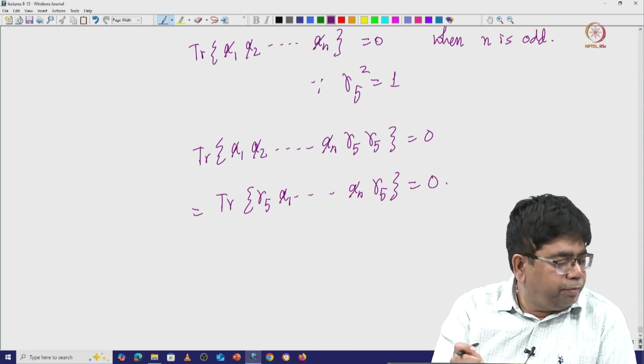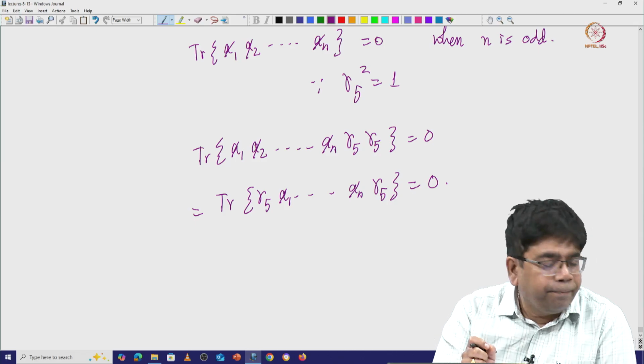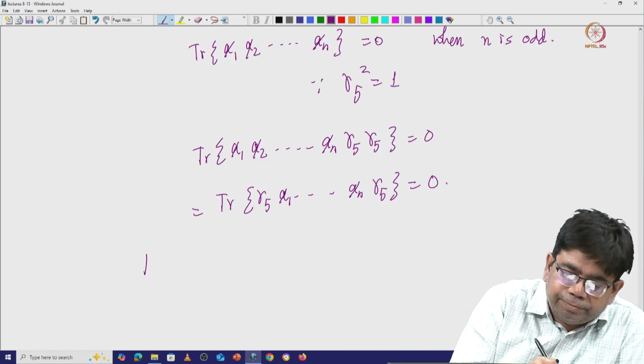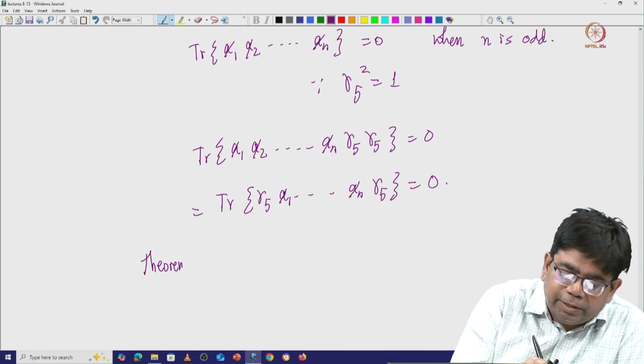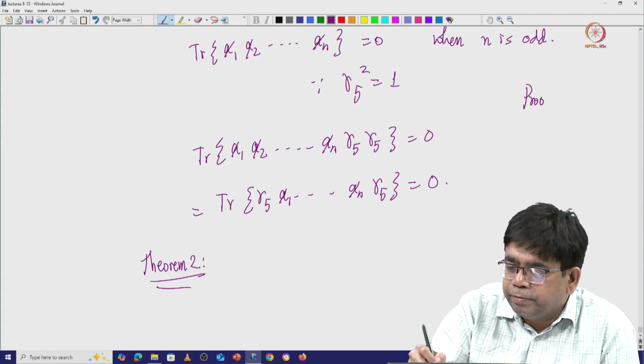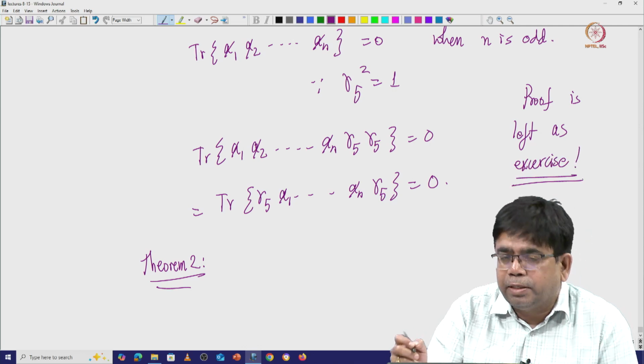This is one of the first trace theorems, which is very popular and very important. The second trace theorem, I am not proving this. Most of the proofs are left as an exercise. The proofs are very simple.